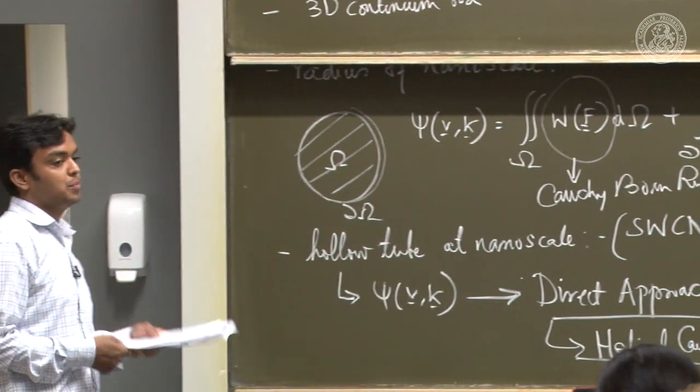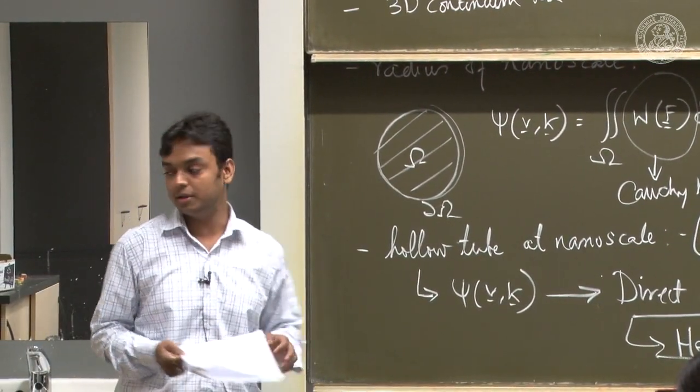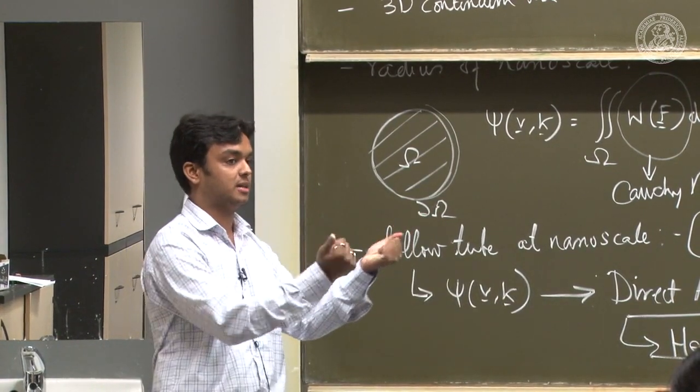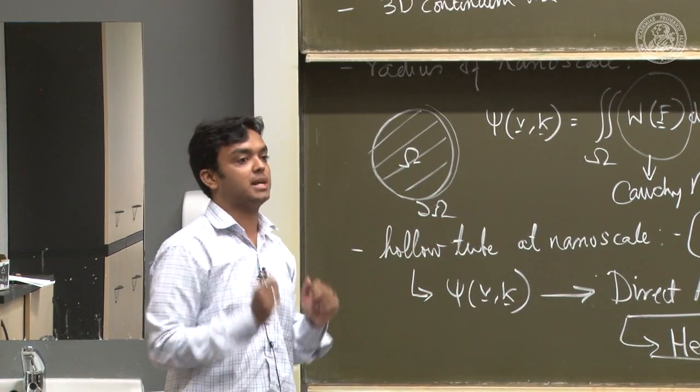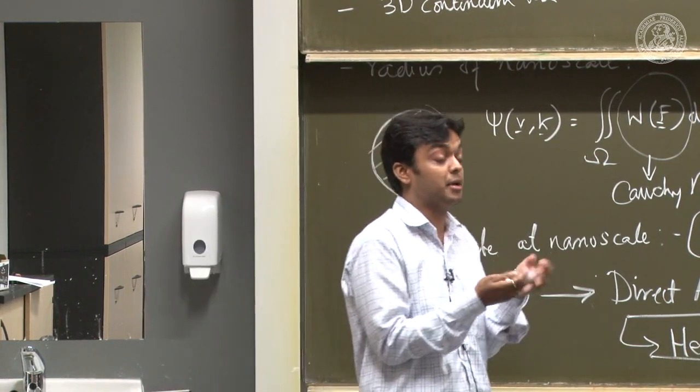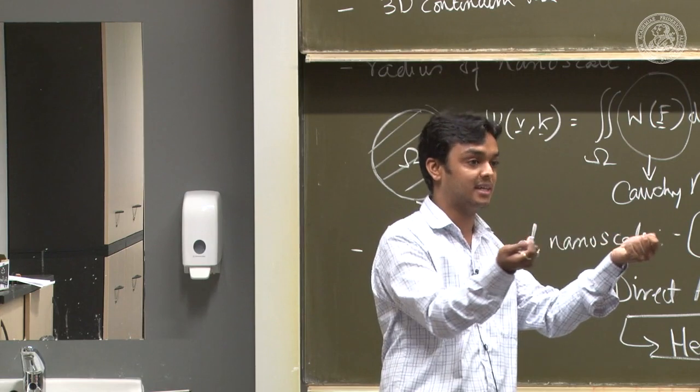So the idea here would be you have a continuum rod. You strain that rod. And what you see at the atomic level is that the atoms are moving.